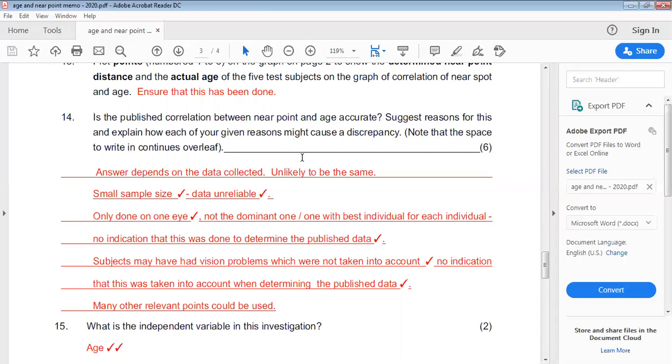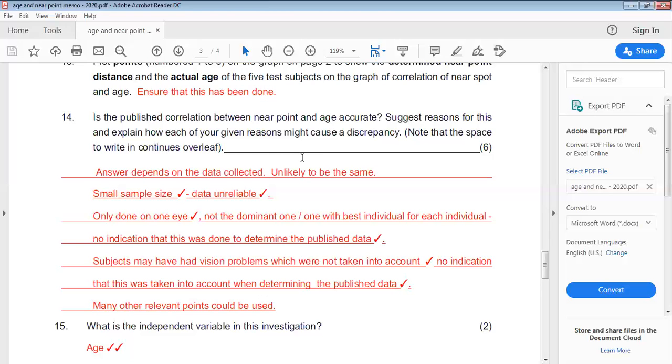Okay, so your answer depends on the data collected. It's unlikely to be the same. And the reason why is there are lots of reasons. The sample size was really small, and therefore the data would be unreliable. You only did it on 5 individuals.